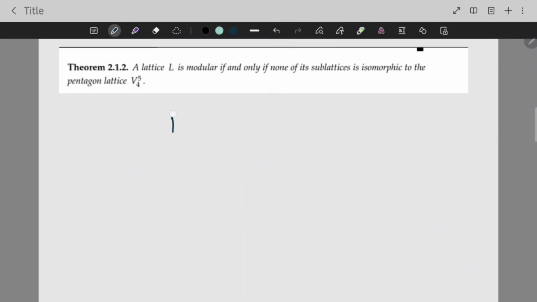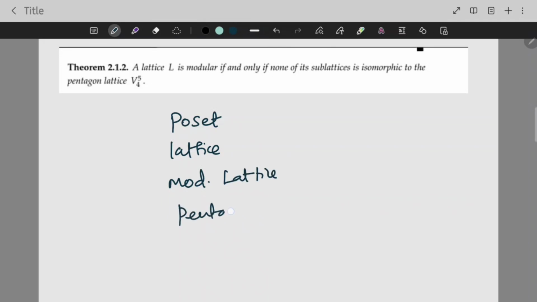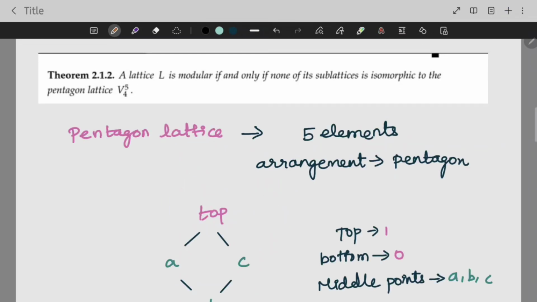So far, we have seen poset, lattice, and modular lattice. Now, let's see what the Pentagon lattice is. This is a special lattice of five elements arranged like a pentagon.